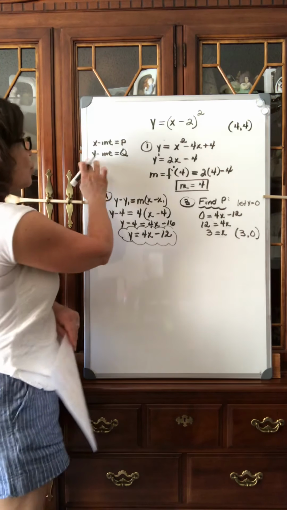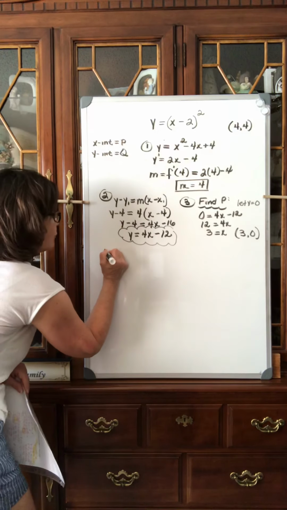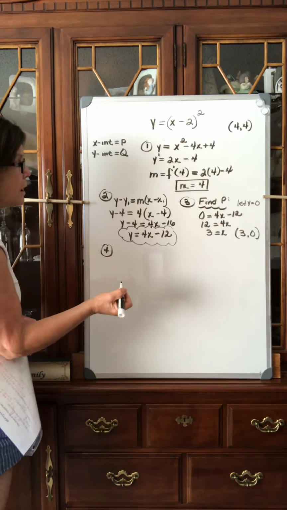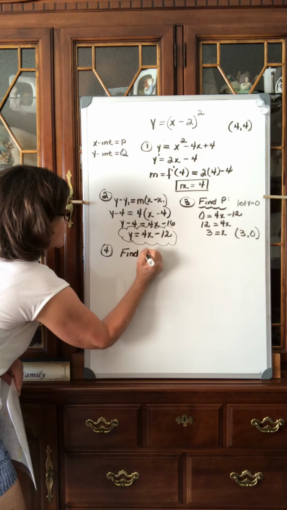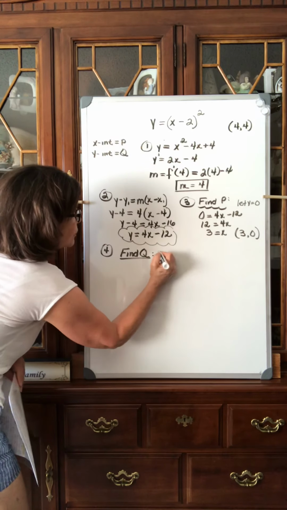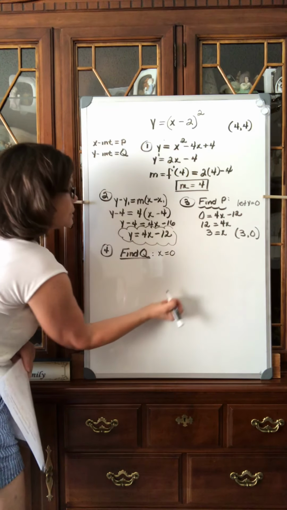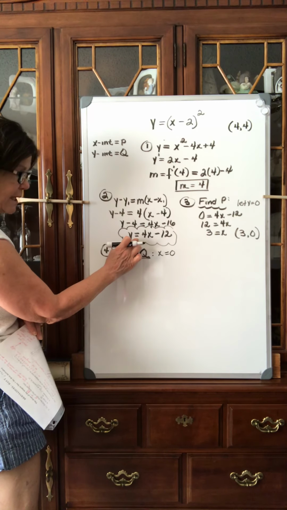Now I have to find the coordinates of Q, my y-intercept. So here's step 4. I'm going to find Q. Q is the y-intercept. To find that, you let x equal 0. I'm plugging it into the equation of the tangent line.